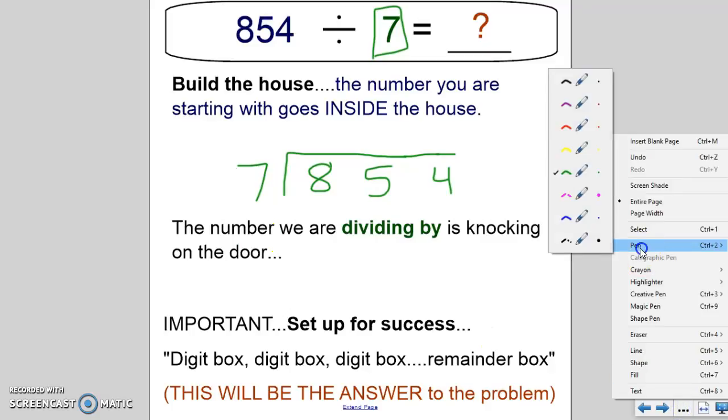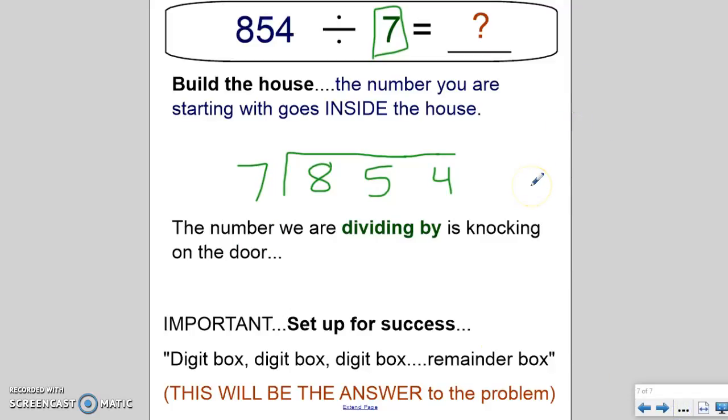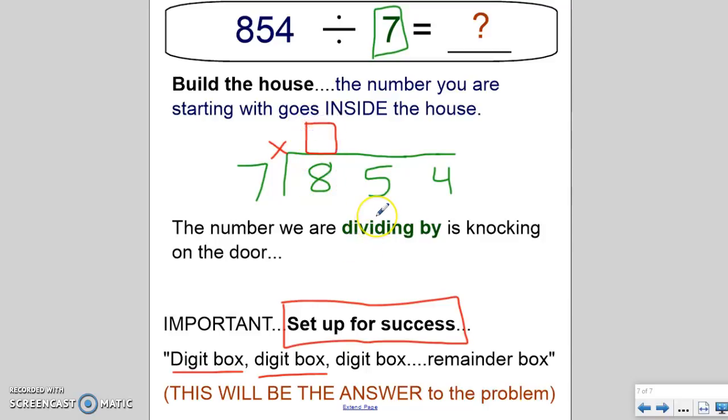This is the key for this video. This is what this entire video is trying to help you with, and that is setting yourself up for success. We want multiplication man to help us use our multiplication brain, but we want to remember digit box. Everywhere there's a digit here, we know there's going to be a digit in our answer. So we're going to put a box there so that we know to fill a digit in.